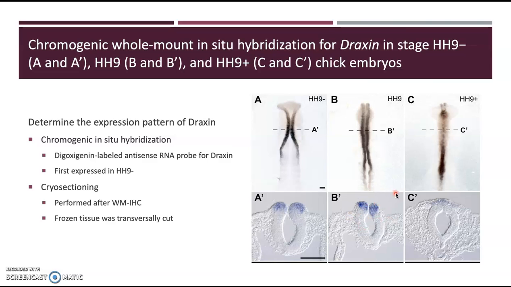Next, we look at the intermediate Hamburger-Hamilton stage, and the intensity sort of reaches a peak when compared to the final or the late stage here, where the Draxin has moved out of the neuronal tube, and we now only see the neuronal tube tissue.